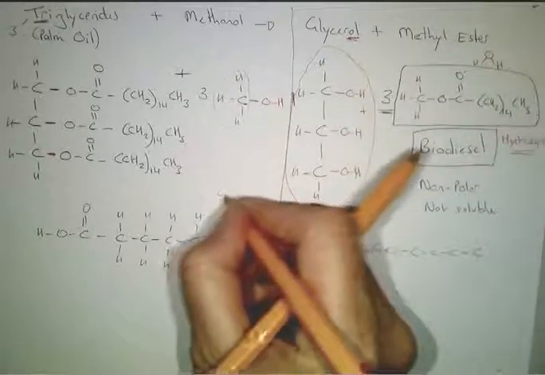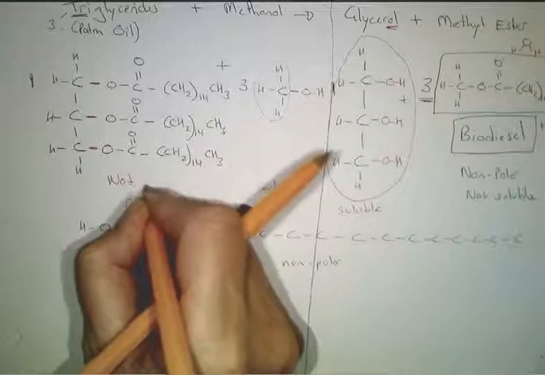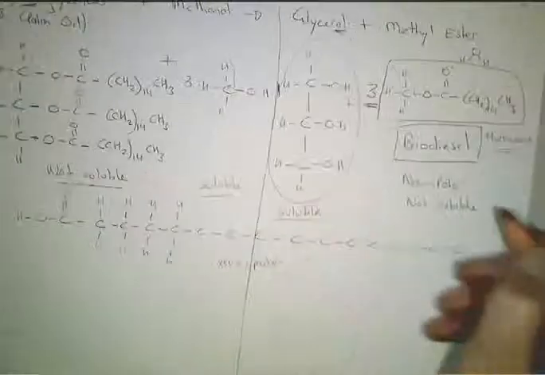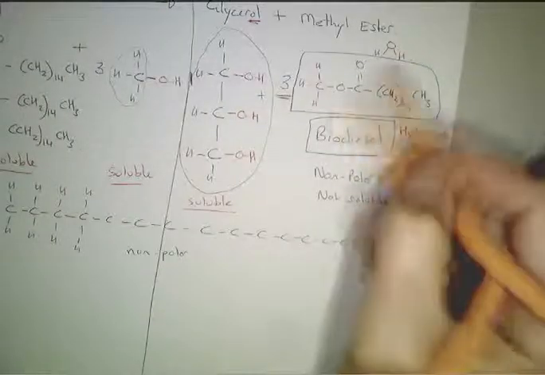Methanol is soluble, and the triglyceride oil is not soluble, obviously. When we look at the next video, we can see that the oil that you start with won't dissolve in water, and the biodiesel that you make won't dissolve in water either.